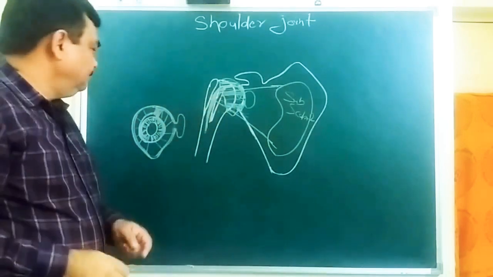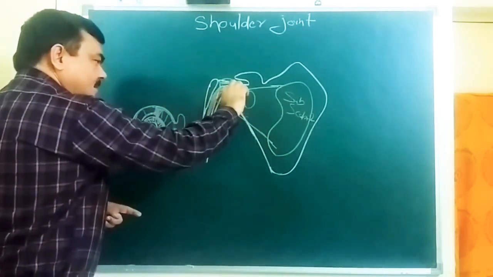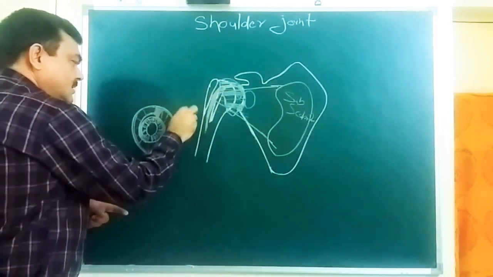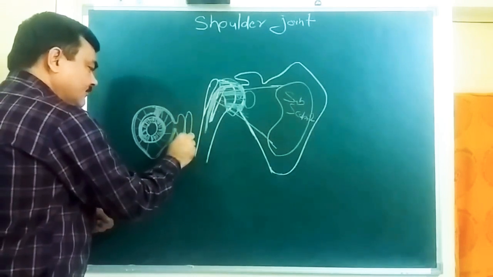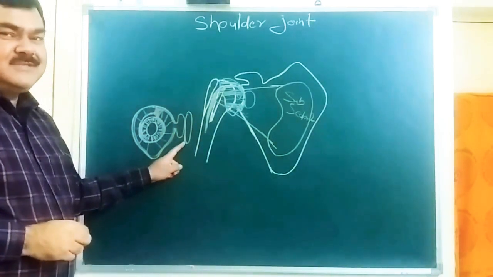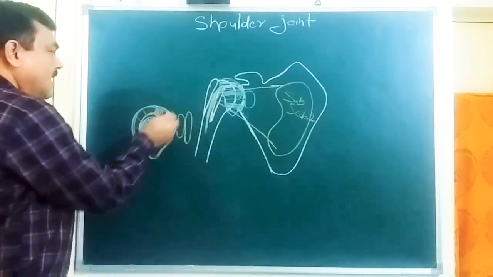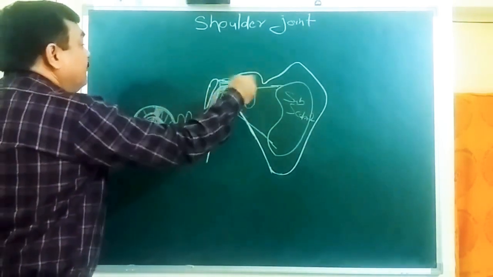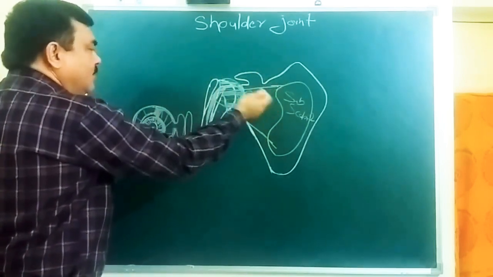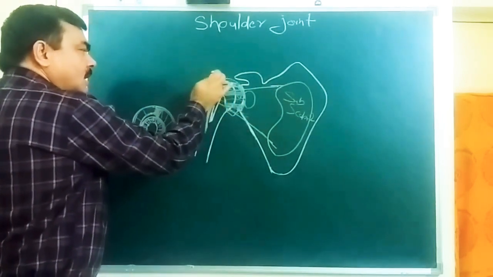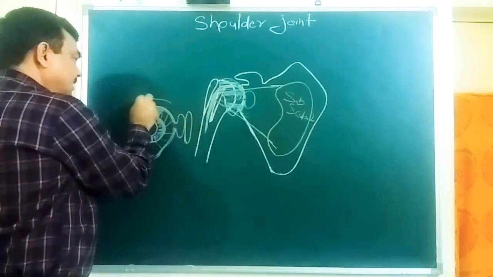Deep to subscapularis muscle, there is subscapular bursa. And posteriorly, muscles lying on the posterior aspect of the scapula attach to the greater tubercle from above downward.